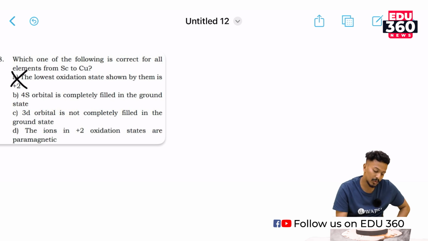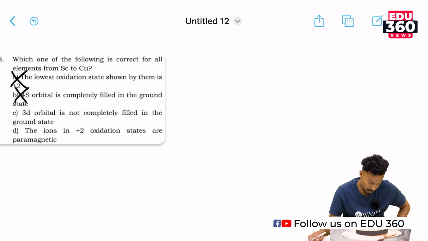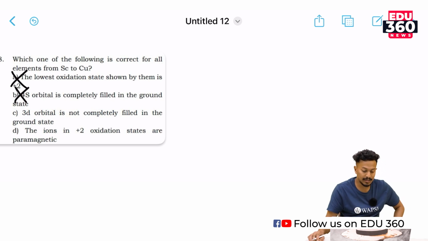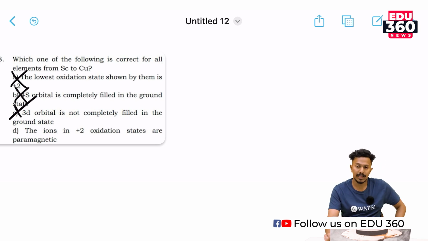Well, this is also wrong. Both copper and chromium have a half filled 4s state, so we could cancel out that one. 3d orbitals are not completely filled in the ground state. That is also wrong. There are completely filled states in scandium to copper.